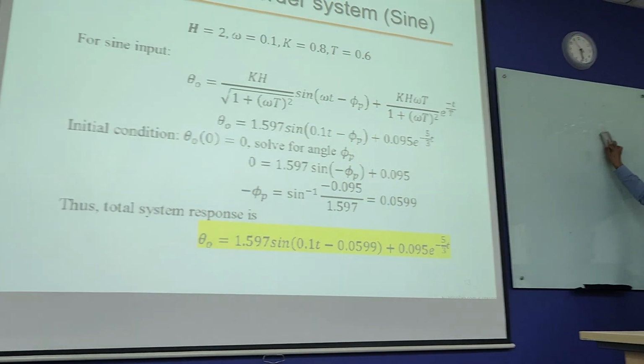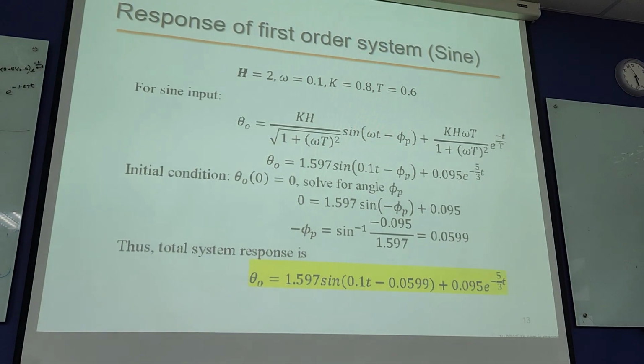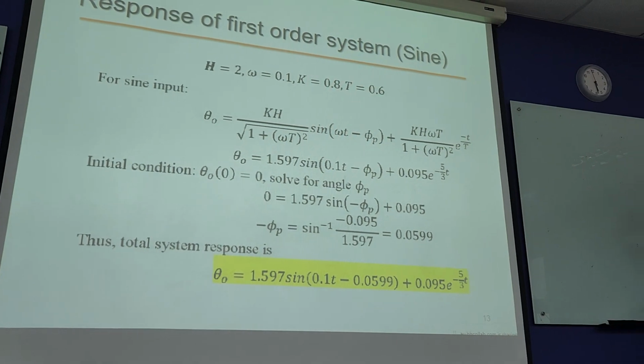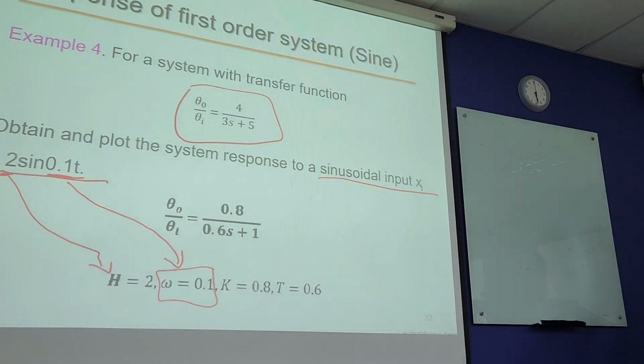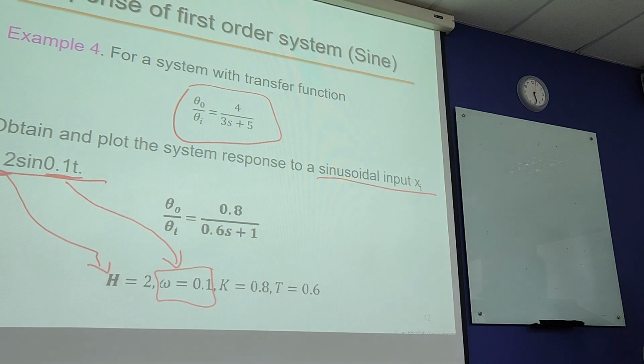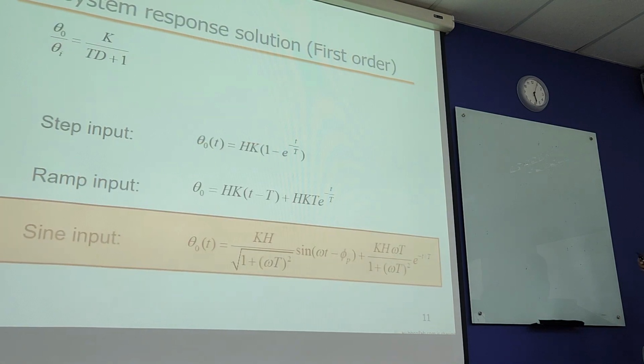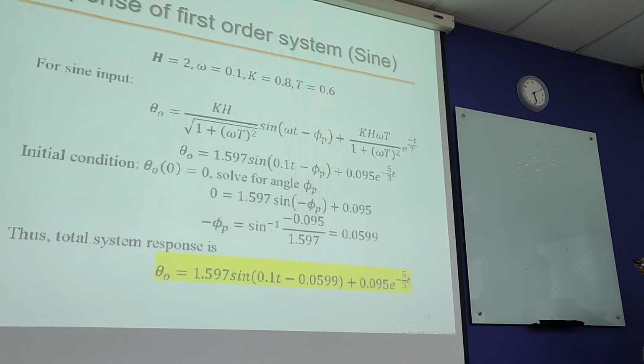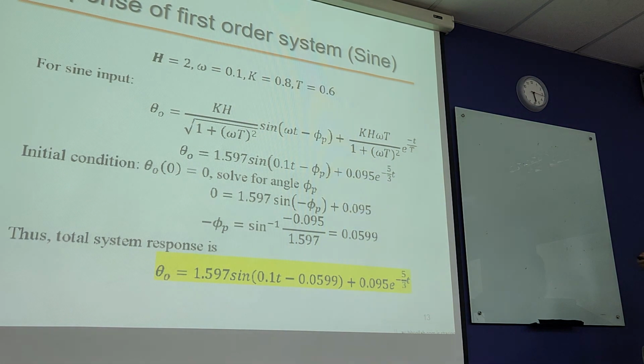Except for the sine, for the other two you just substitute and you get the answer. But over here, we have all the data and the formula is over here. Substitute all the terms, then differentiate and equate to 0 to find exactly what the time constant will be.